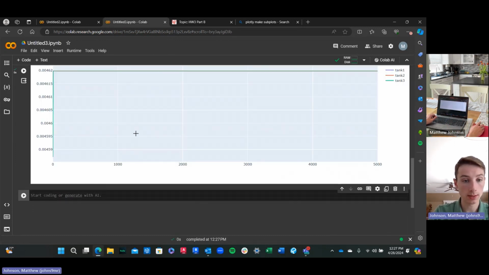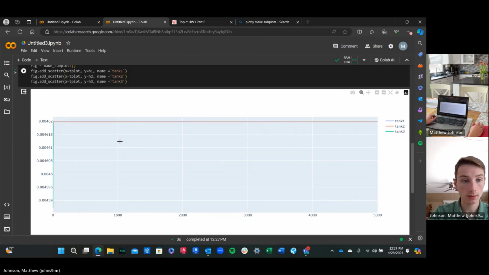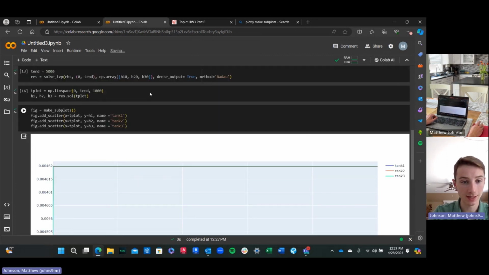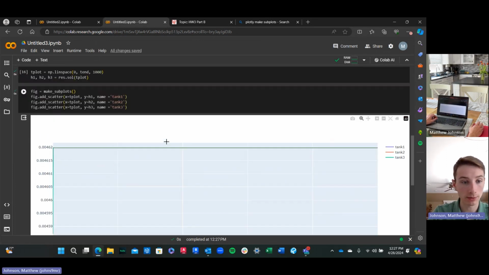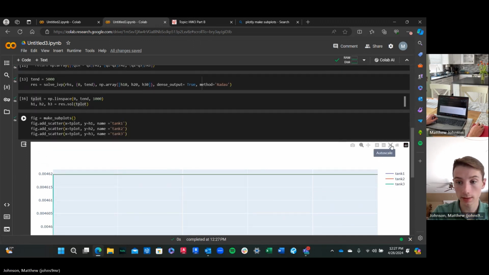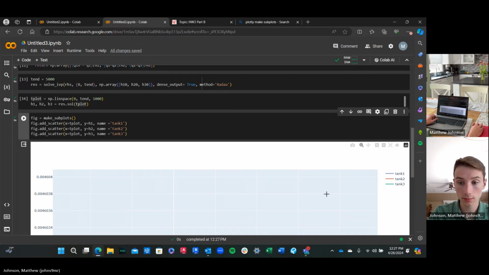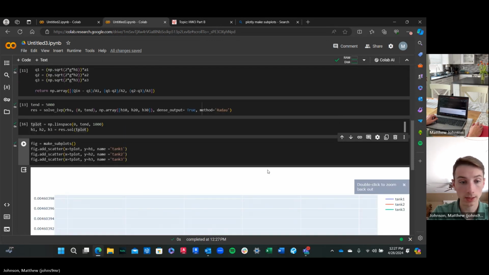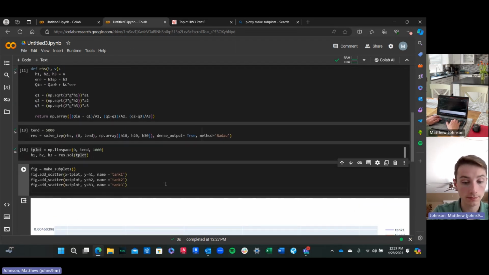Let's see what this looks like. All right, we can fix that. There's nothing wrong with it, probably. We're just zoomed way out. Let me auto scale this or something. Anyways, let's see if we can fix this.